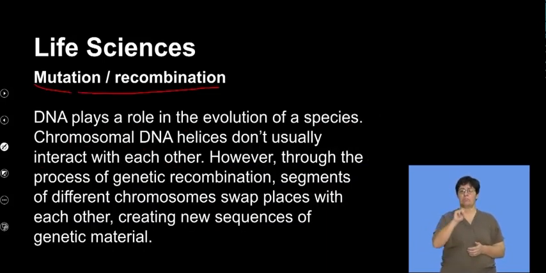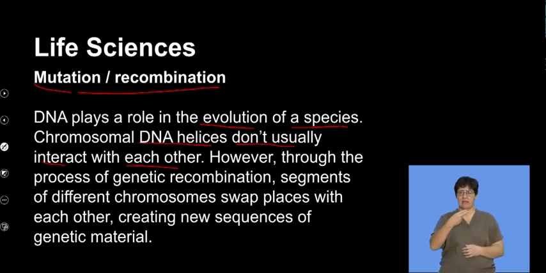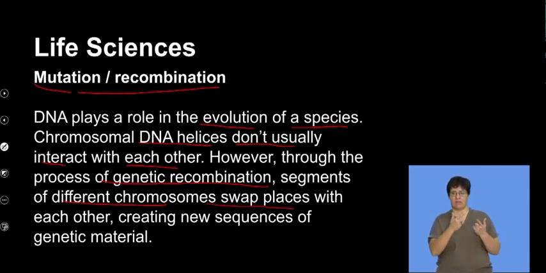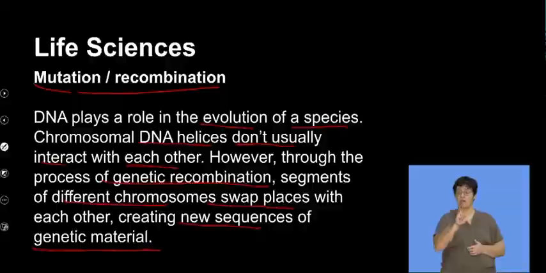Mutations and recombination. DNA plays a role in the evolution of a species. Chromosomal DNA helices don't usually interact with each other. However, through the process of genetic recombination, segments of different chromosomes swap places with each other, creating new sequences of genetic material. We refer to mutations as what drives changes in species.